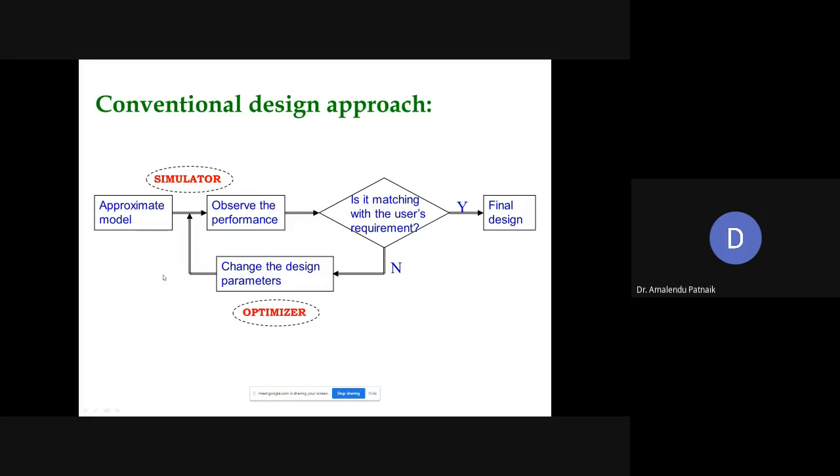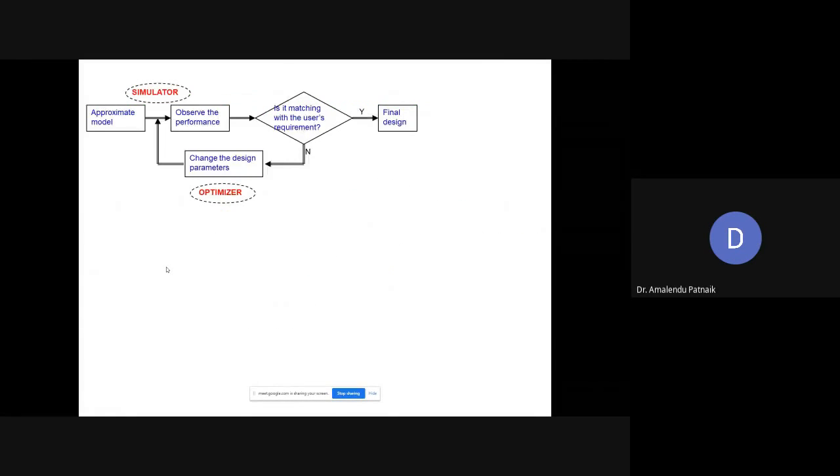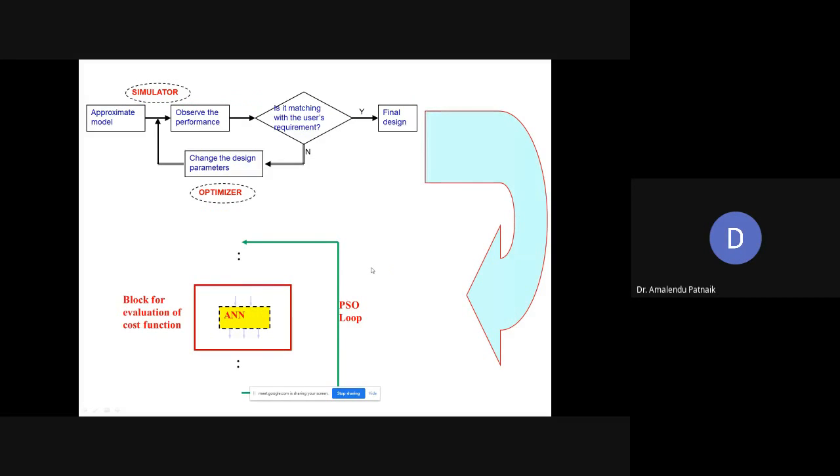Because of which the antenna design process becomes a costly affair, right? So these two places can now be replaced by suitable metaheuristic techniques, right? So this conventional design approach can now be replaced by this particular approach.